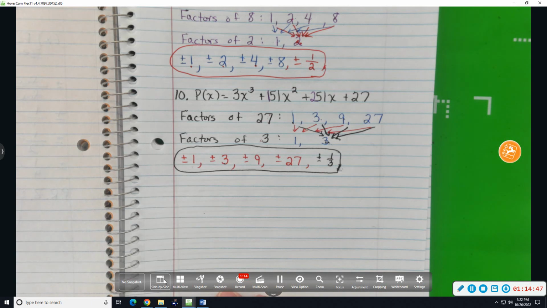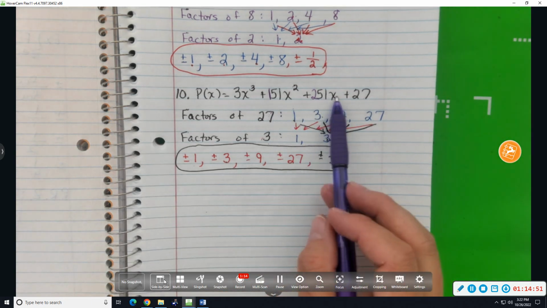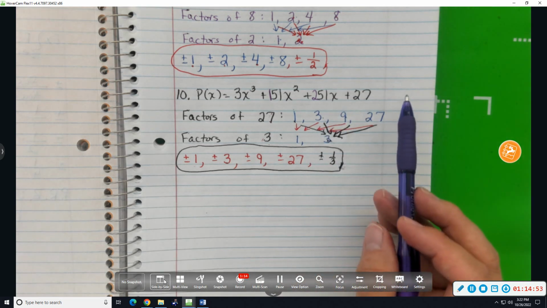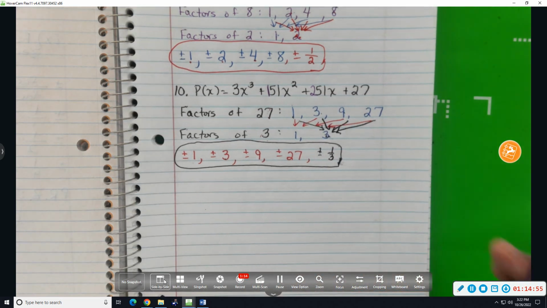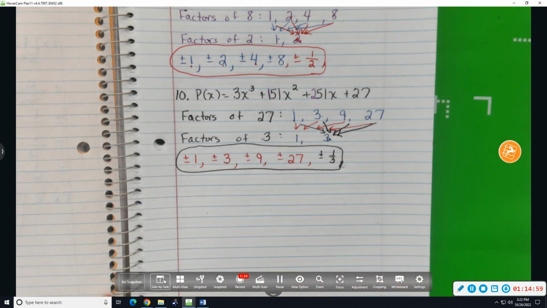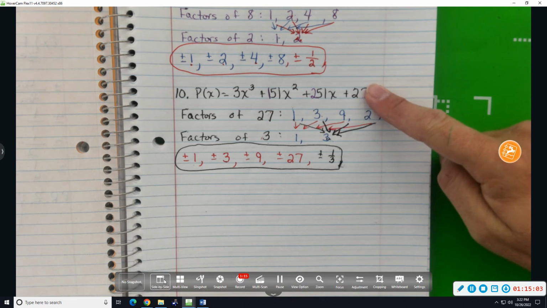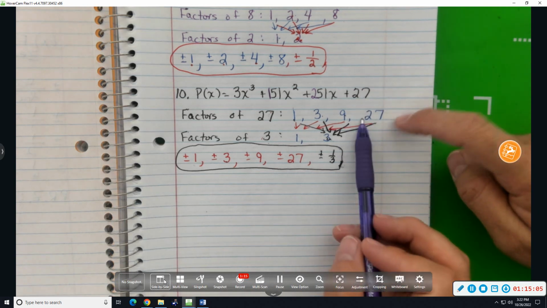Does anything change? No, you don't use those middle terms to find possible rational zeros. All you use is the constant term and the leading coefficient. And make sure you're starting with the constant term on top.